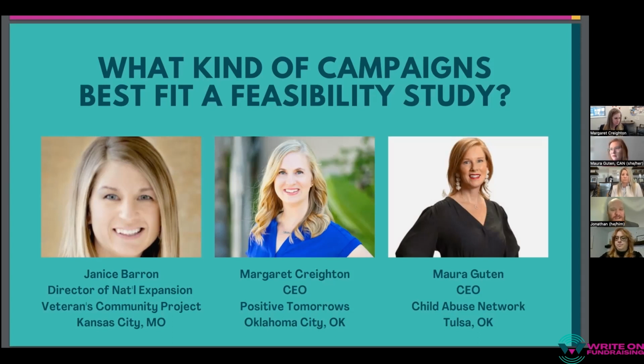She graduated here in Tulsa from Bishop Kelly High School and the University of Tulsa. Go Golden Hurricanes. She began her career as a social worker in inner city St. Louis and has worked extensively with at-risk children, individuals with disabilities, and survivors of sexual assault, and just completed a wildly successful capital campaign. So very happy to have Maura here.